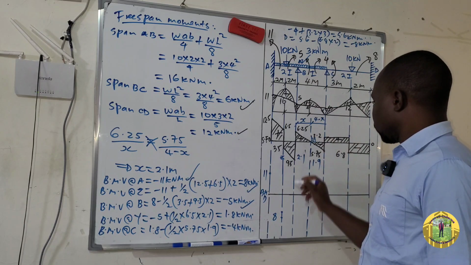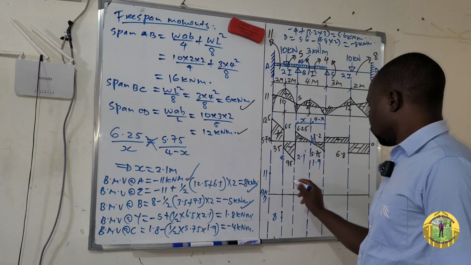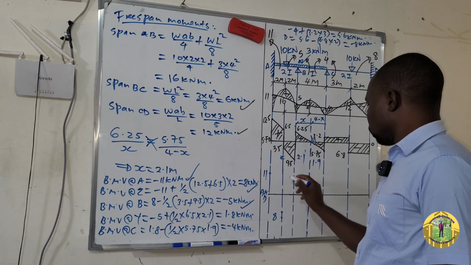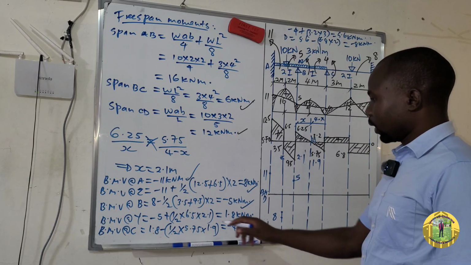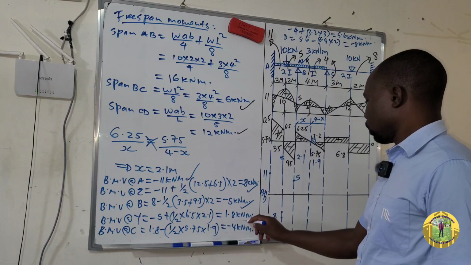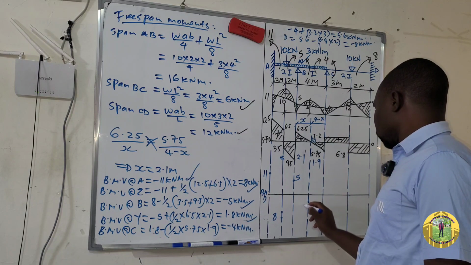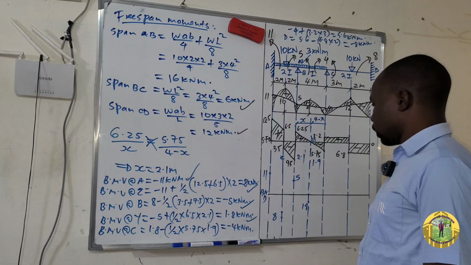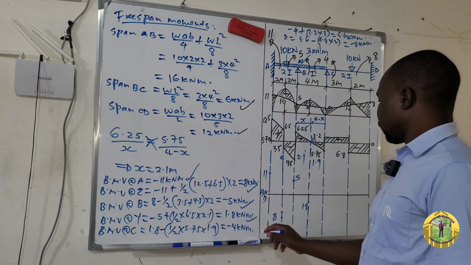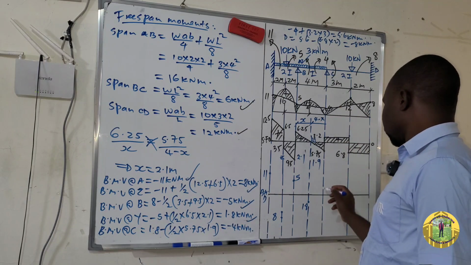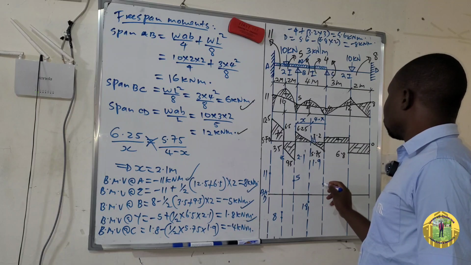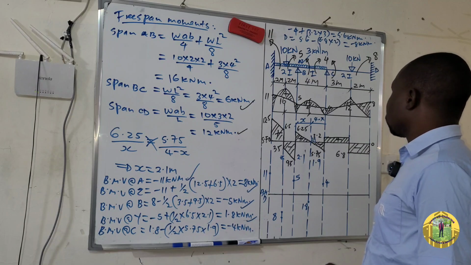And then you come to bending moment at B, negative 5. B is here, which is 5. And then at Y, 1.8. This is Y, 1.8. And then at C, negative 4. At C, you have negative 4. This is 4.